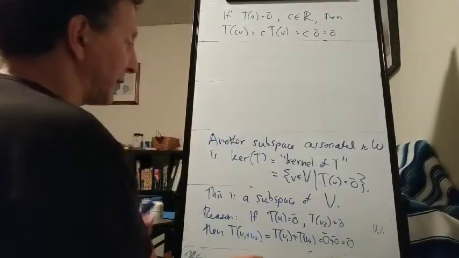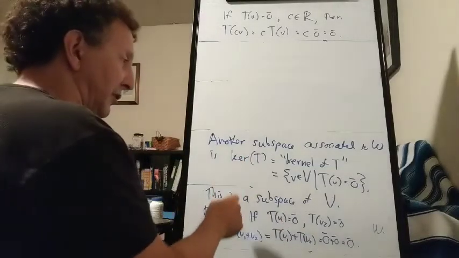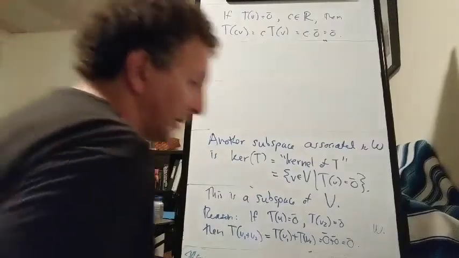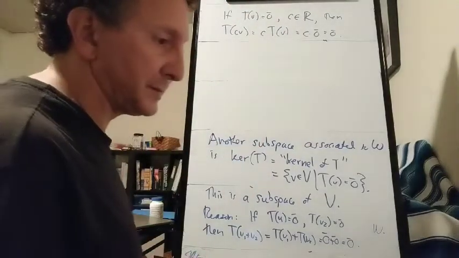Alright, so far I've talked about abstract linear transformations from one abstract vector space to another. Let's talk about the coordinate version.